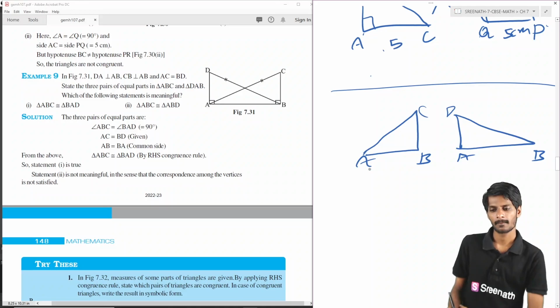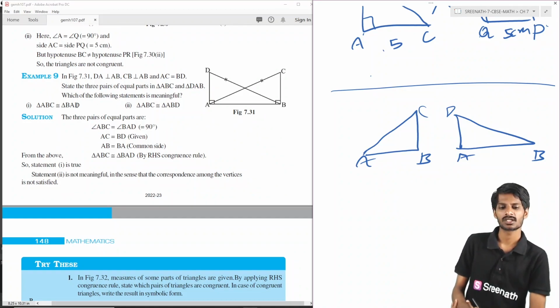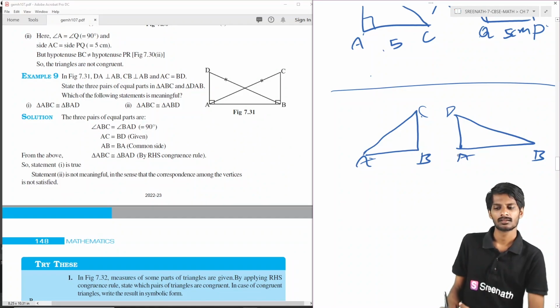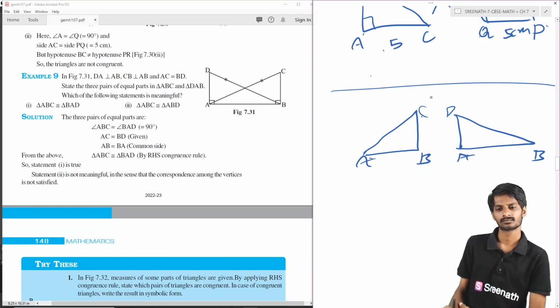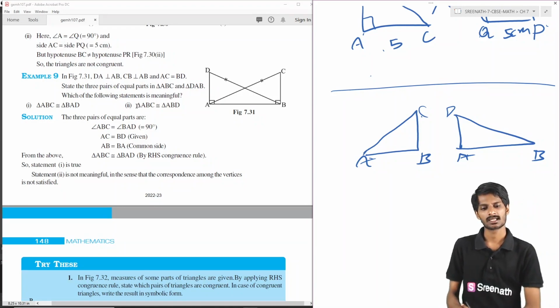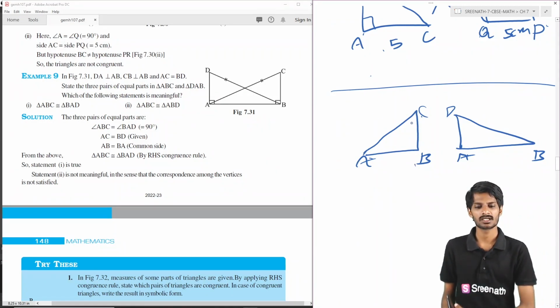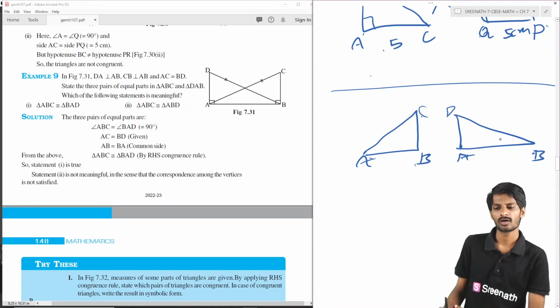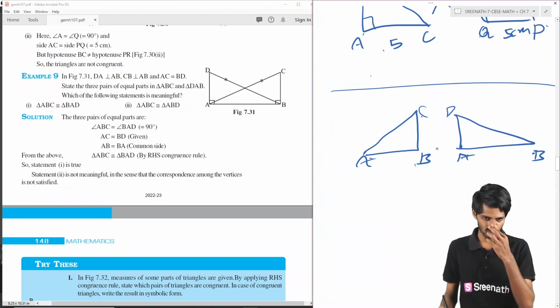So triangle ABC is identical to triangle BAD. Triangle ABC is equal to triangle BAD. So that is the case.